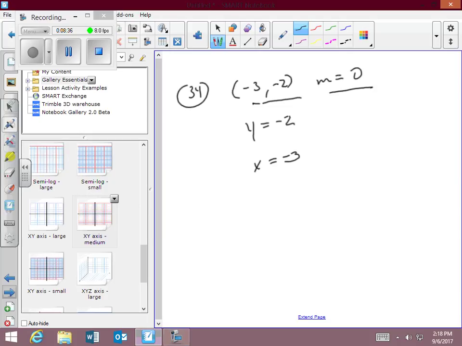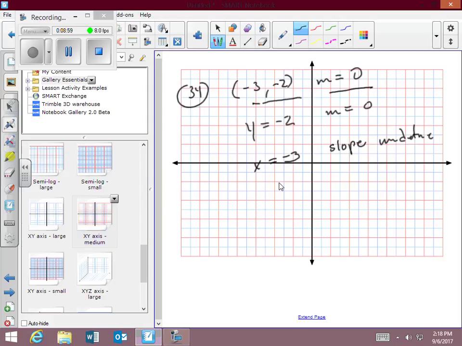When the slope is 0, what is it? y equals -2. This one is slope equals 0. This is slope is what? Undefined. See, if I were to graph this, put that out there, (-3, -2).